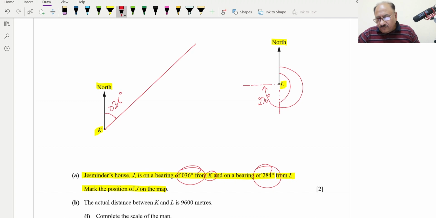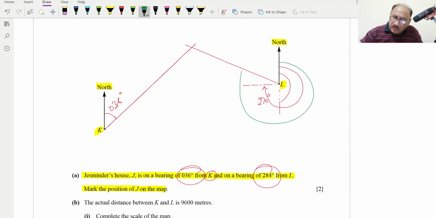So 284 will be 14 more than 270. So if we draw 14 more, we will get this point, and this angle, starting from here up to this one, is 284 degrees, and this is the J point which we need to identify on the map.